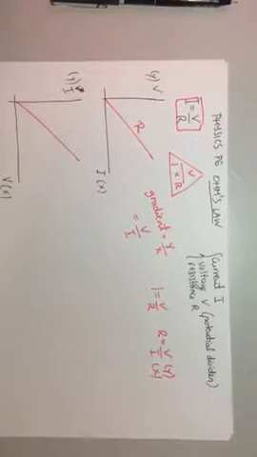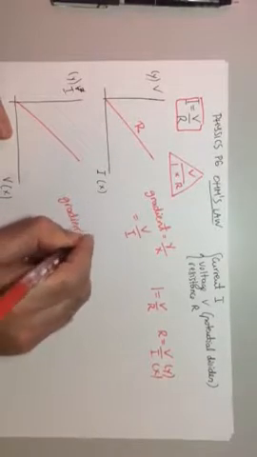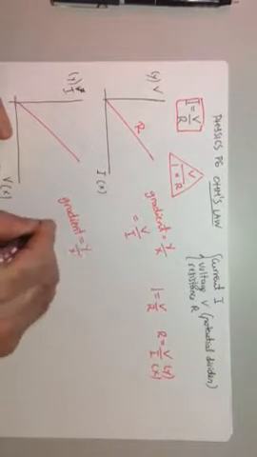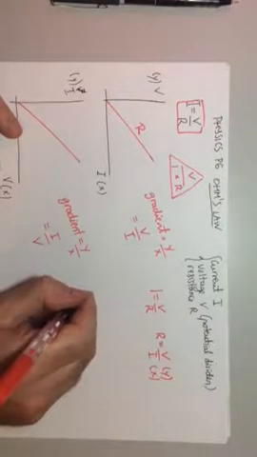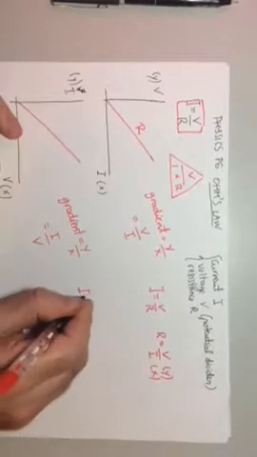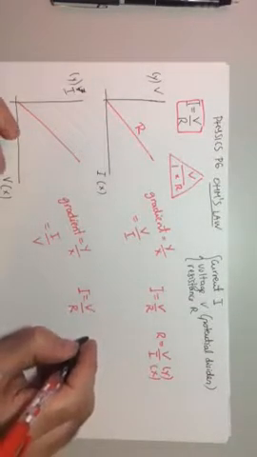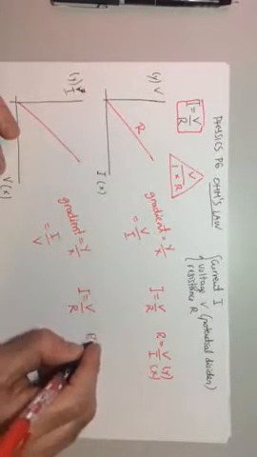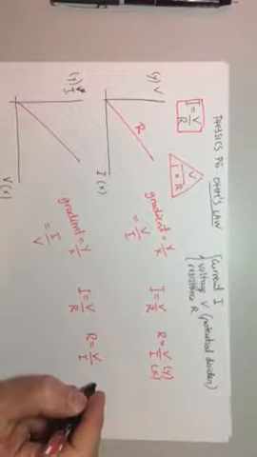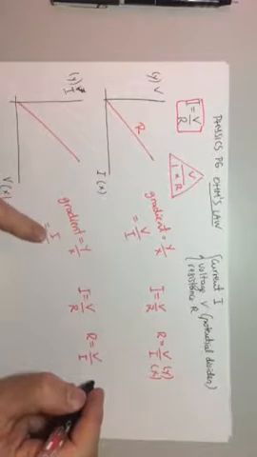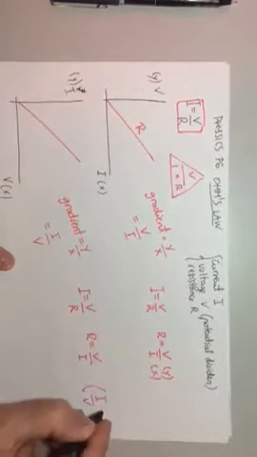But if I'm looking at the bottom graph, where the gradient is always y over x, in this situation it is I over V. If I get the same equation again, current equals voltage over resistance, then resistance equals voltage over current. But our graph gives us current over voltage.